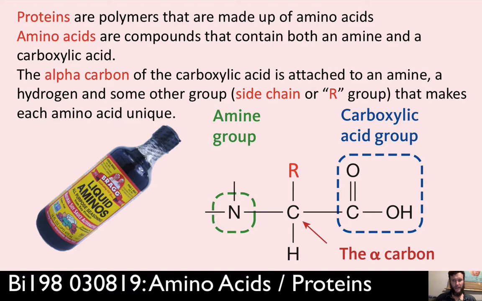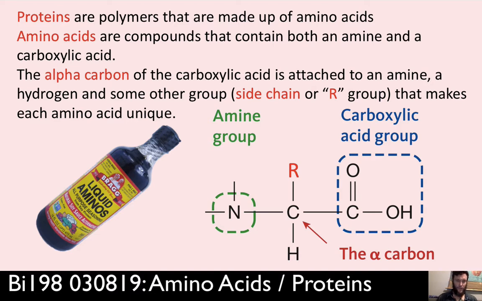It's some sort of side chain, and those side chains, that R group, can change. In fact, there are 20 common amino acids that make up the amino acids that are biologically relevant in proteins. It is this side chain which makes each of the amino acids unique.